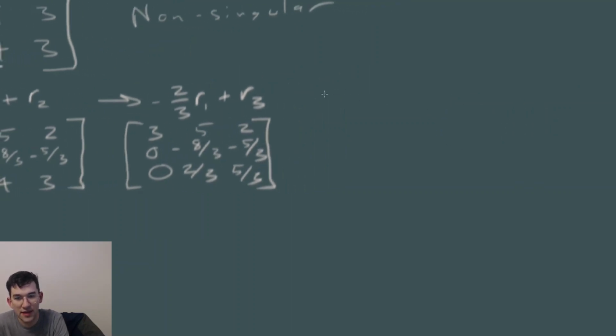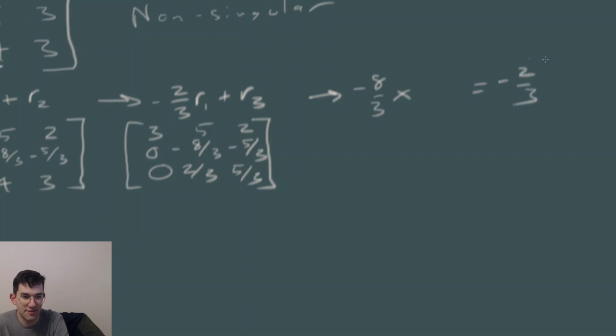All right. Now we're going to do, well, we can't do the top row, we have to do the next row. Negative 8 thirds x plus 2 thirds equals 0. Subtract 2 thirds.